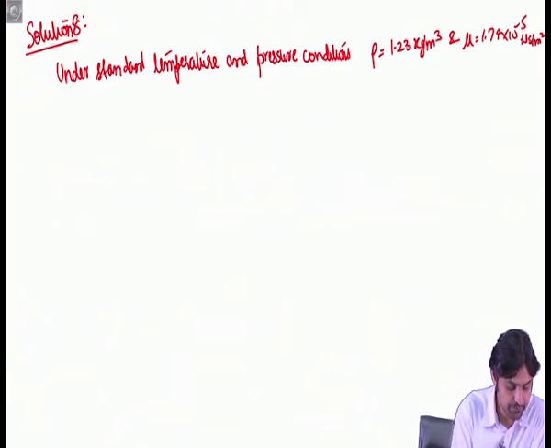All right. Therefore, the Reynolds number will be rho V d by mu.